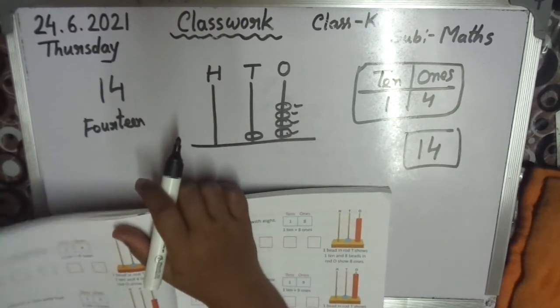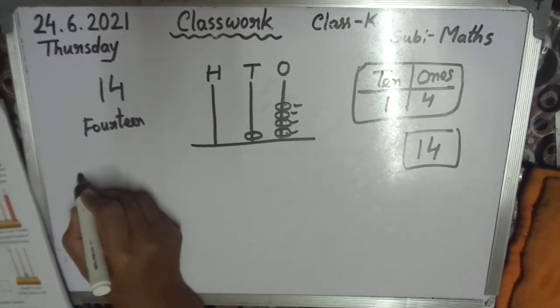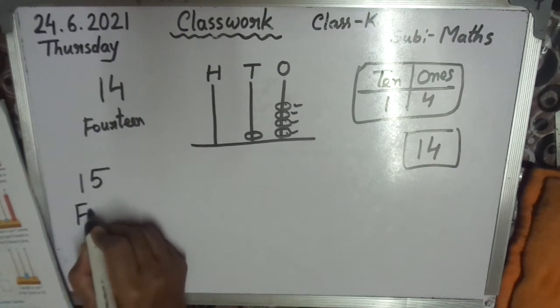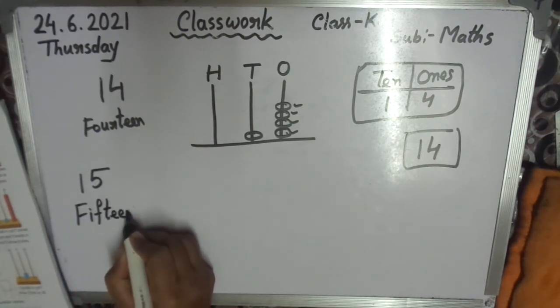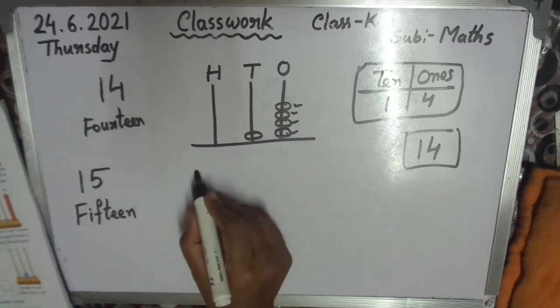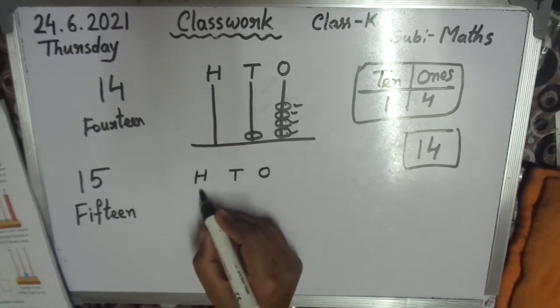Next, 15. I write here 15. 1 5, 15. Hundreds, tens, ones.